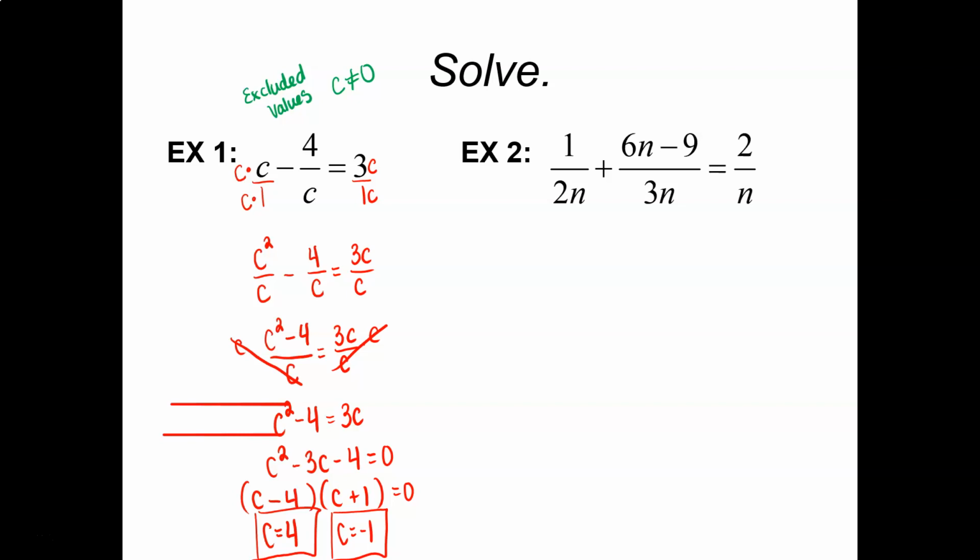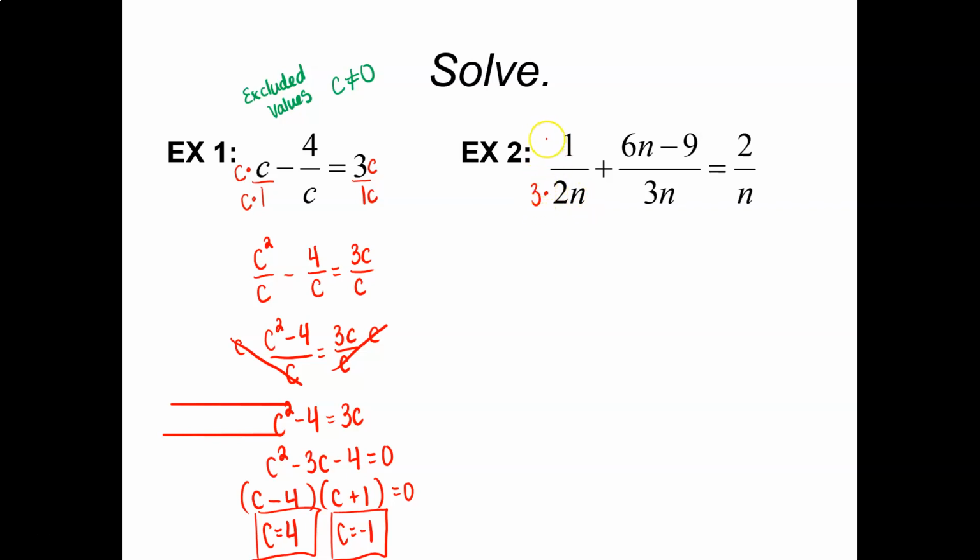All right, if we look at the second one, what do we need to use as our common denominator? 6, almost. What else does it need with it? N, 6n. Okay, so if I want a common denominator of 6n, then to change this to 6n, I would need to multiply by 3.